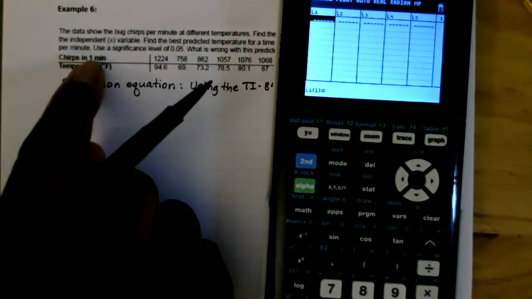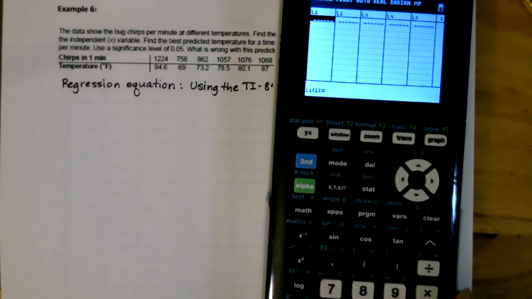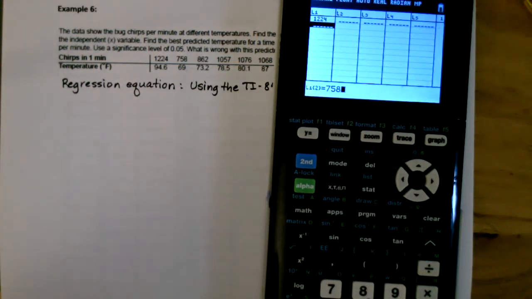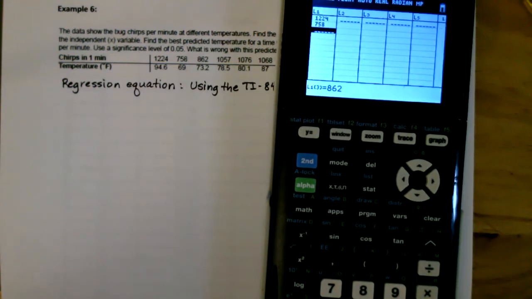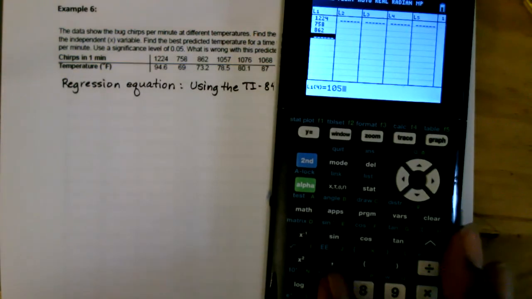And let's enter the chirps in 1 minute in L1. So this will be 1224, 758, 862, 1057, 1076, and 1068. And then use your right arrow key to go over to L2.